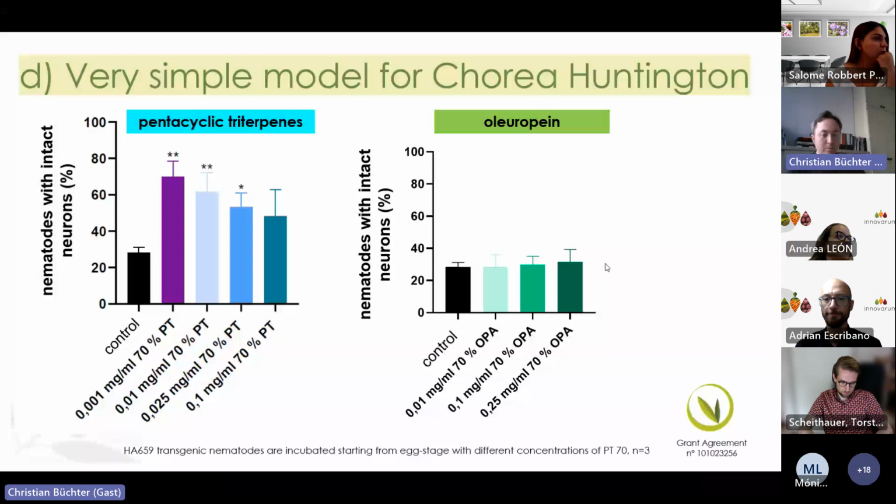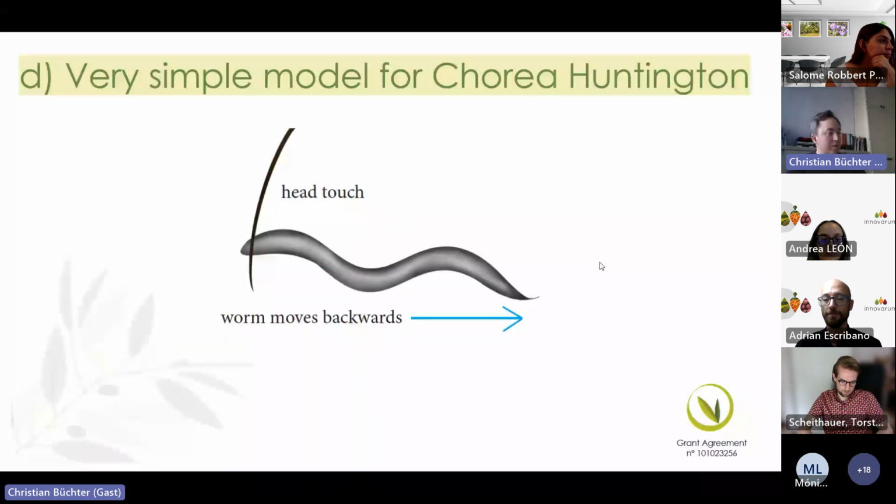And in this model, what is also very interesting is that, as I mentioned, these neurons are touch-sensitive neurons, so we can also see the physiologic outcome of the rescued neurons.